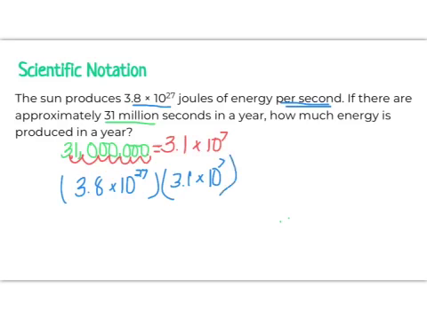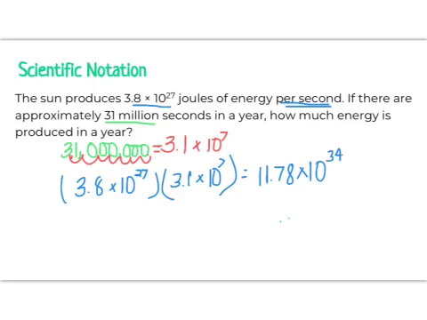When I am multiplying numbers that have like bases, I'm going to multiply the numbers first, and then I'm going to add the exponents since they have the same base of 10. So 3.8 times 3.1 is 11.78. And then I need to add my exponents. 27 plus 7 is 34.